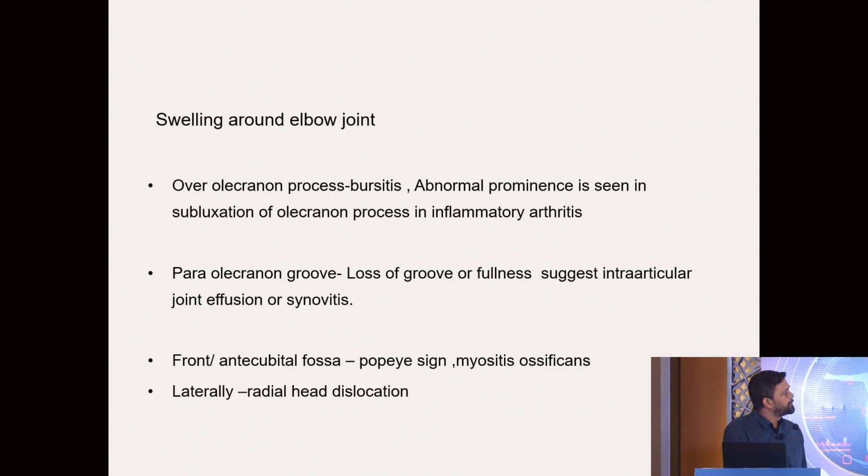Laterally, if you get a lateral swelling, there is the possibility of radial head dislocation. Again, the history is very important, whether the patient had any sports injury or road traffic accident. So we need to ask the patient about the history also.